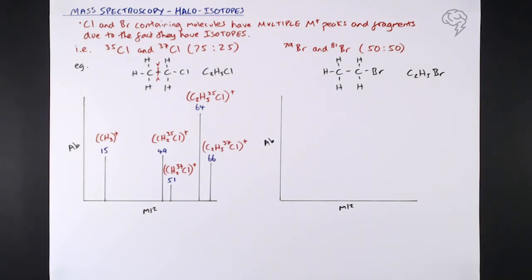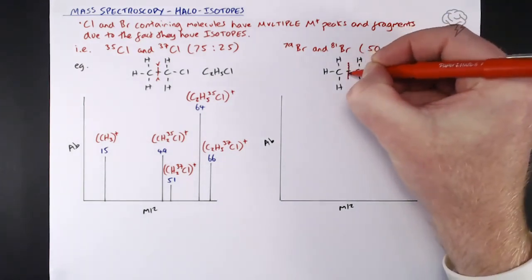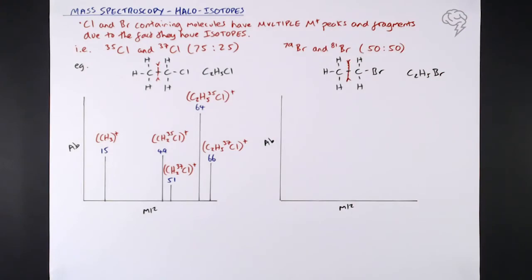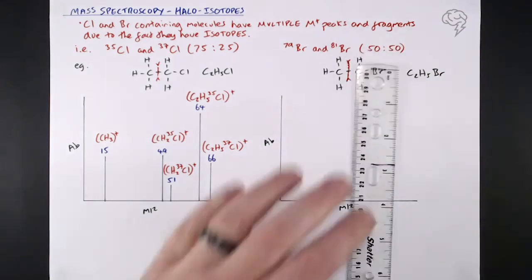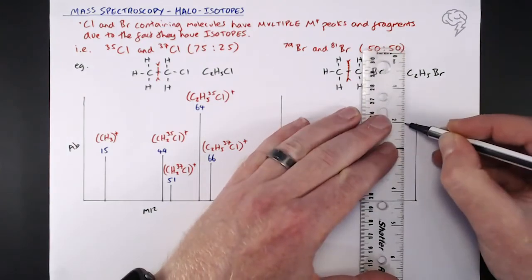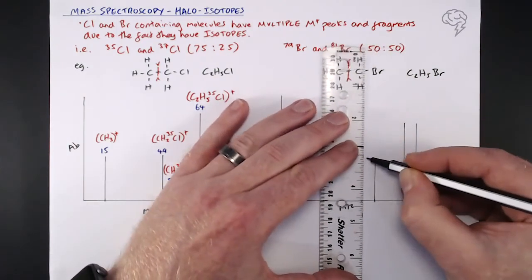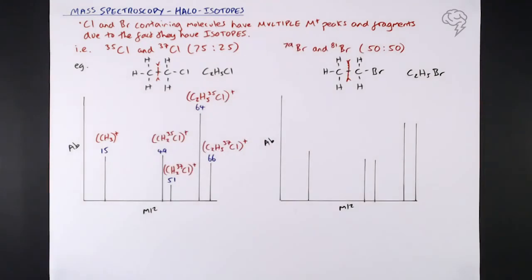So the same thing applies absolutely to our bromoethane, but this time again, they're different abundances. It's a 50-50. So if we're going to get this bond here broken, then we're going to have a few different fragments on top of our molecular ion peaks. So I'm just going to draw all these out and then I'll explain them afterwards. So just like chloroethane, we're going to get 5 different peaks.